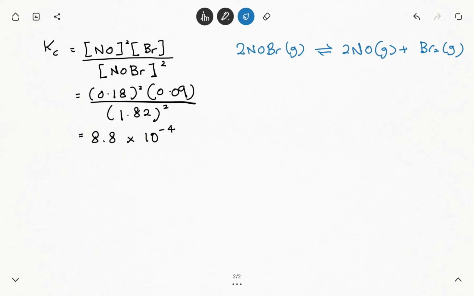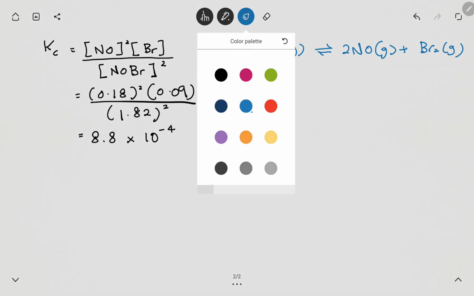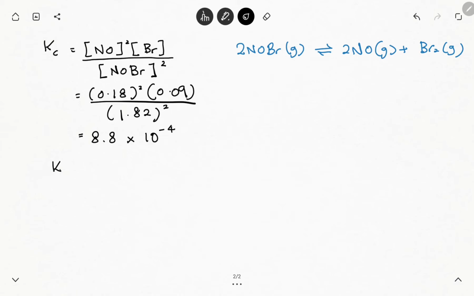Okay, to calculate Kp, we are going to use the formula that relates Kp to Kc. So Kp equals Kc (RT) to the power of delta N. In this case, delta N is 2 plus 1 minus 2, the number of mole of product minus the number of mole of reactant. So 2 plus 1 is 3, 3 minus 2 equals 1. So the power for RT is 1.